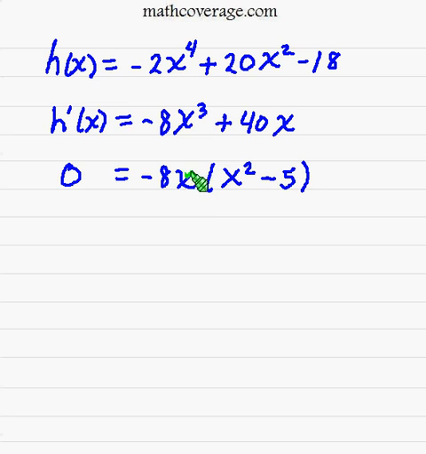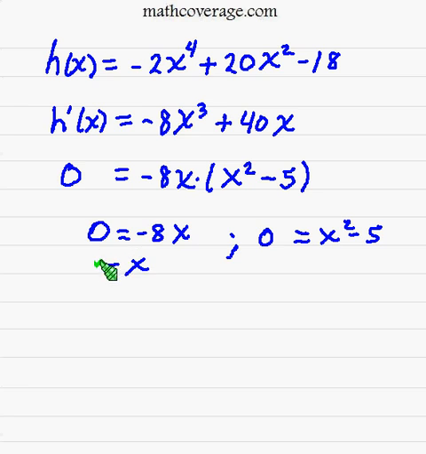Alright, so this thing has been factored now. And what we want to do is set both of our factors equal to 0. So 0 is equal to negative 8x, and we want to solve for x. In this particular case, x is 0.